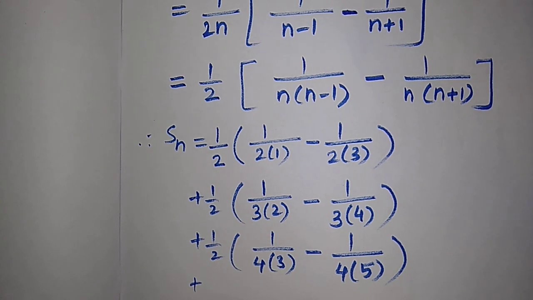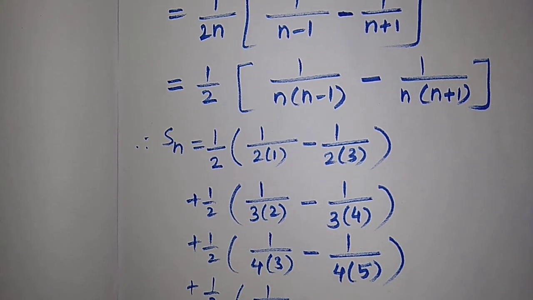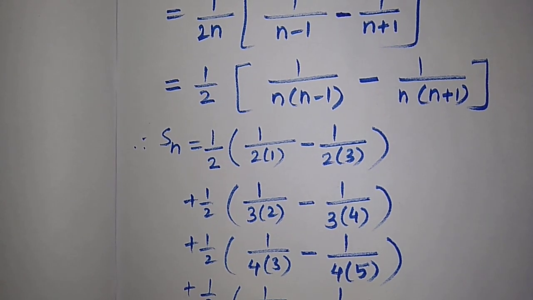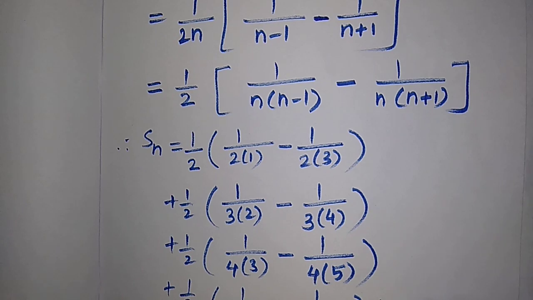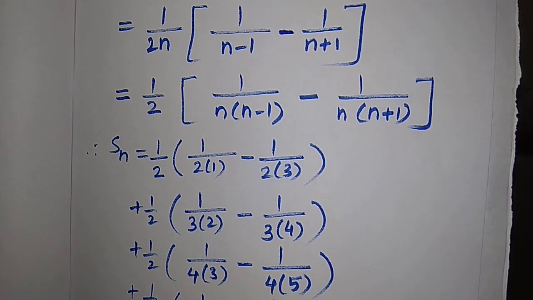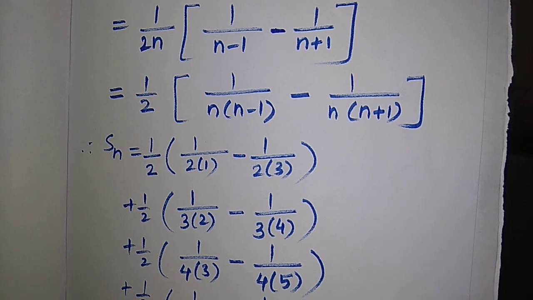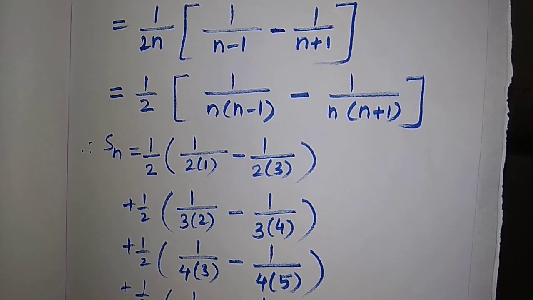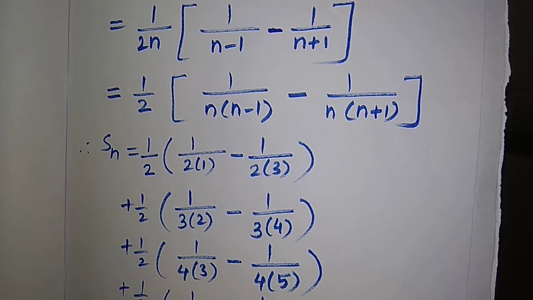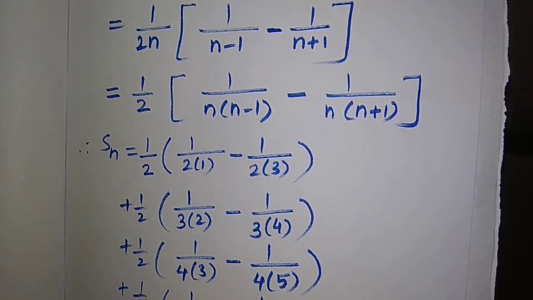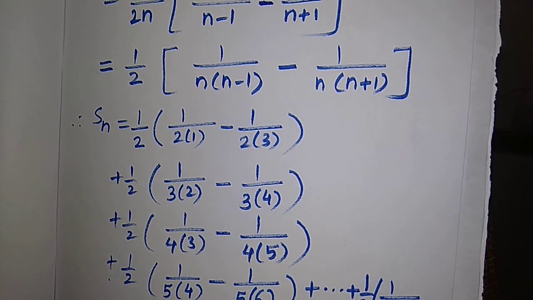Plus 1 by 2 into 1 upon 5 into 4 minus 1 upon 5 into 6, and so on. The last term is 1 by 2 into 1 upon n plus 1 into n plus 1 minus 1, which is just n, minus 1 upon n plus 1 into n plus 2, just replacing this n by n plus 1.